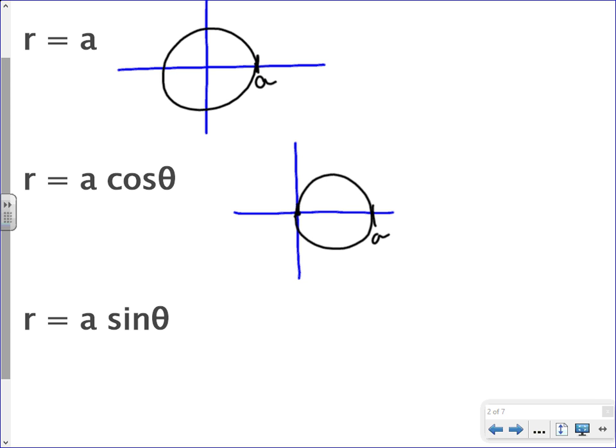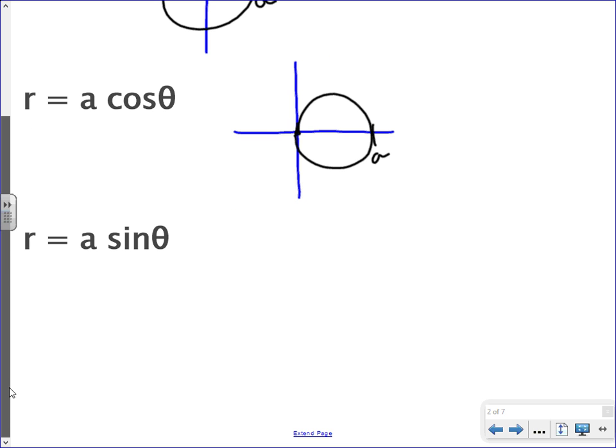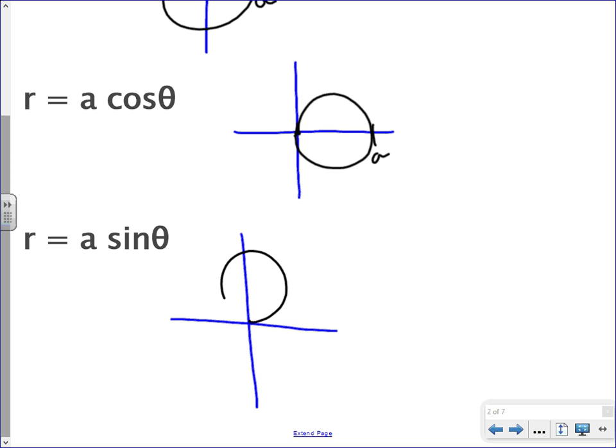Then if we have r equals A sine theta, we already talked about how sine means we have vertical symmetry. So we have a circle that goes through the pole. Oh, that is terrible. I'm going to have to redraw that.